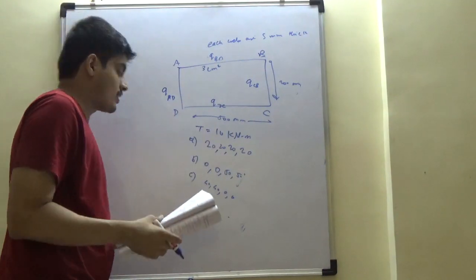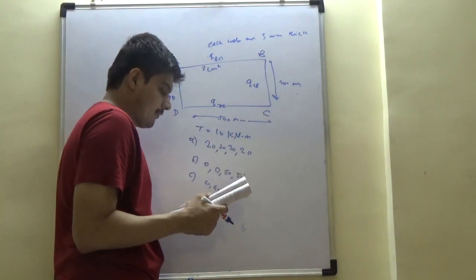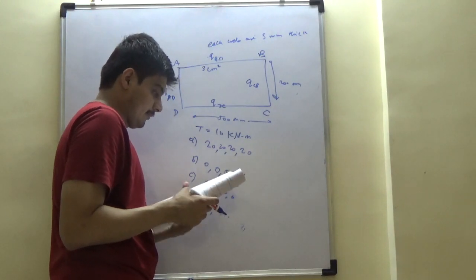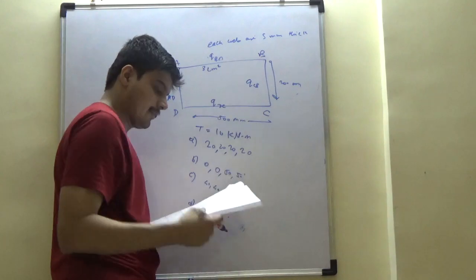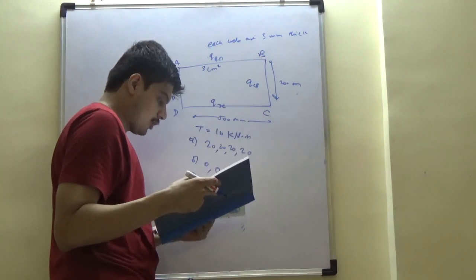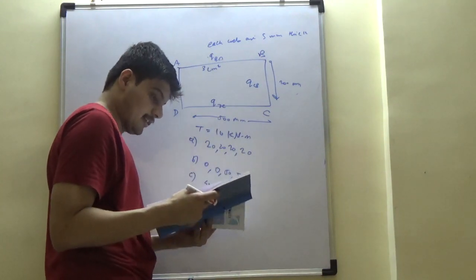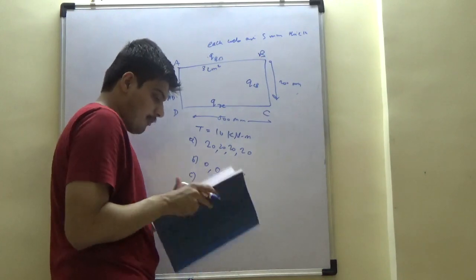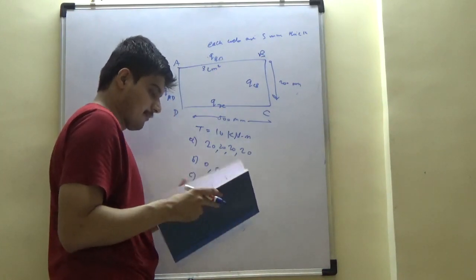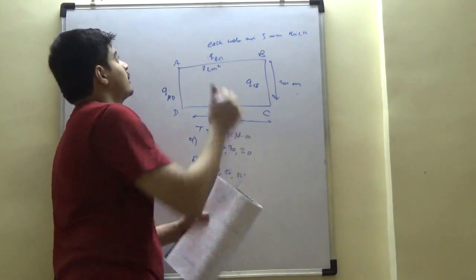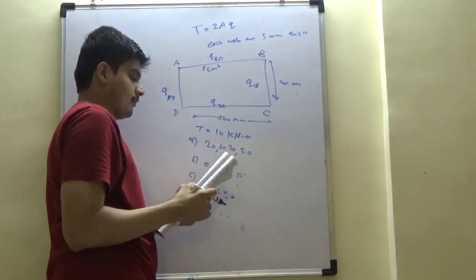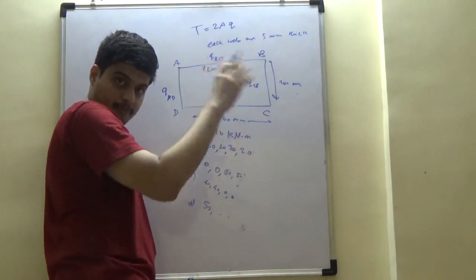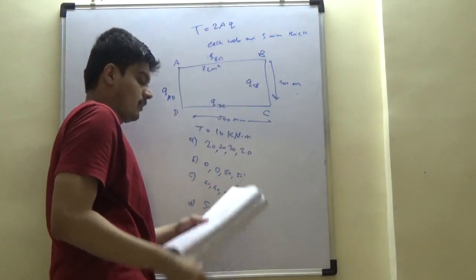Now, the twisting moment is already given. Wall thickness is very small, right? So what you should get from here very simply is that if you have to find out what is happening to this, you have to use this analogy: T is equal to 2AQ. The shear flow, we have seen the shear flow, right?